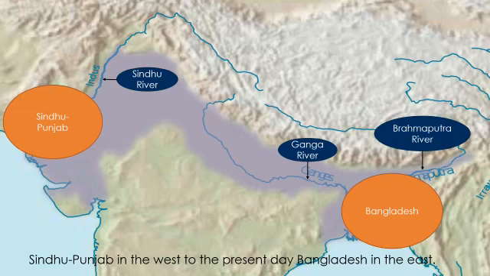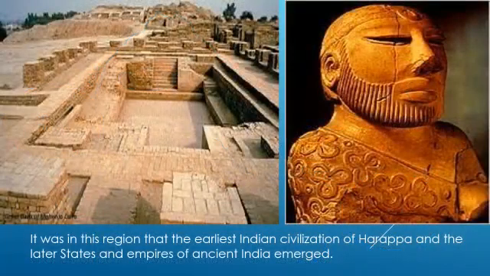Sindhu, Punjab, in the west to the present day Bangladesh in the east. It was in this region that the earliest Indian civilization of Harappa and the later states and empires of ancient India emerged.